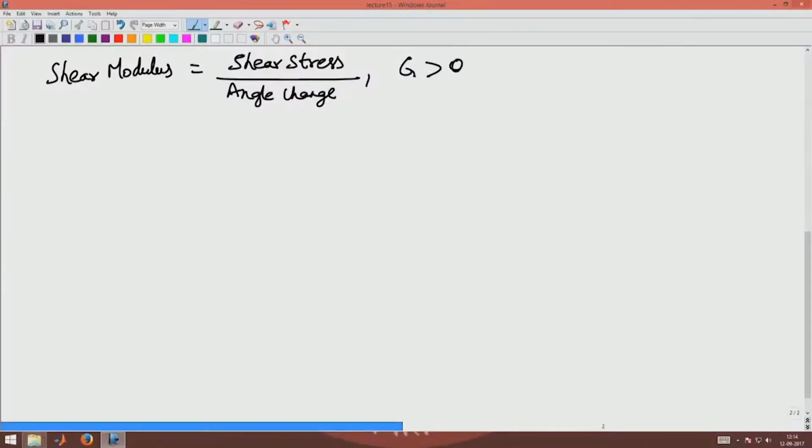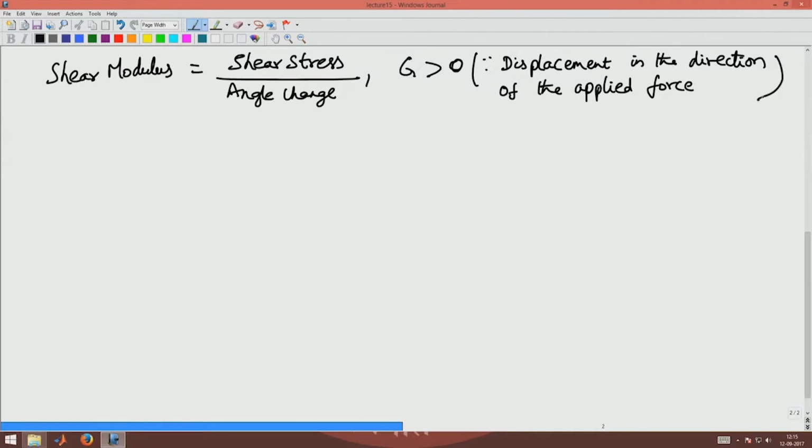So G has to be positive for the same reasons that displacement has to be in the direction of the applied force.